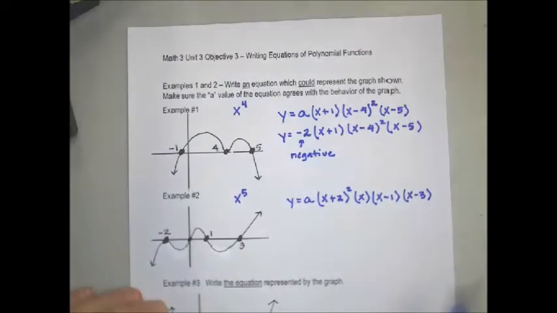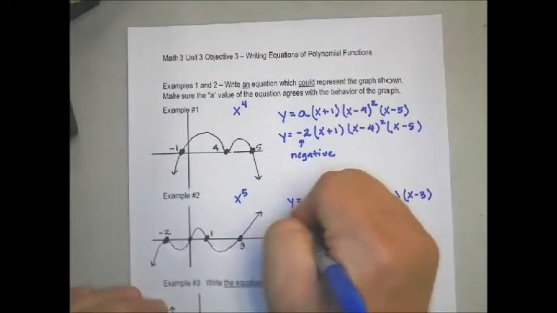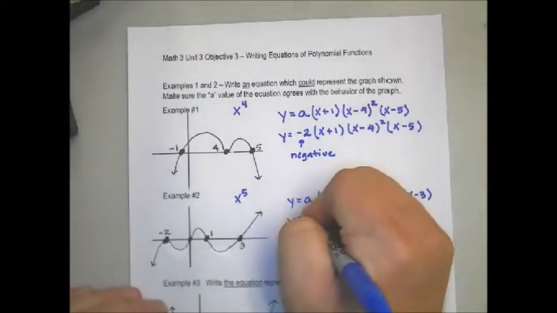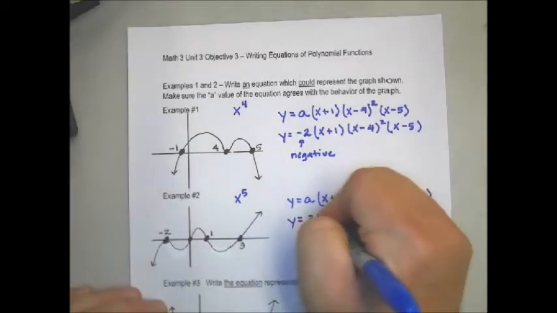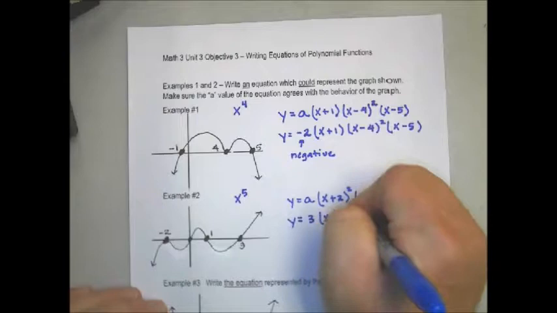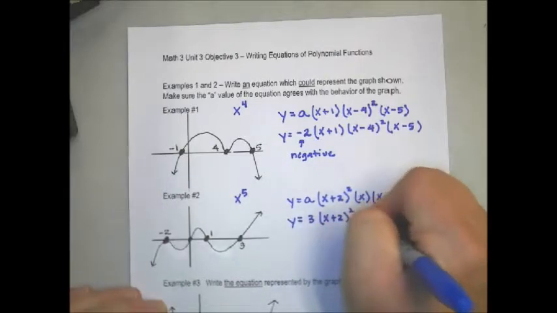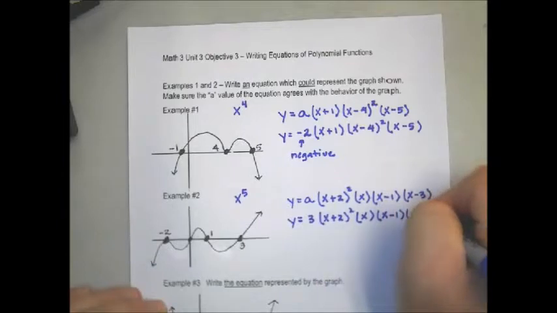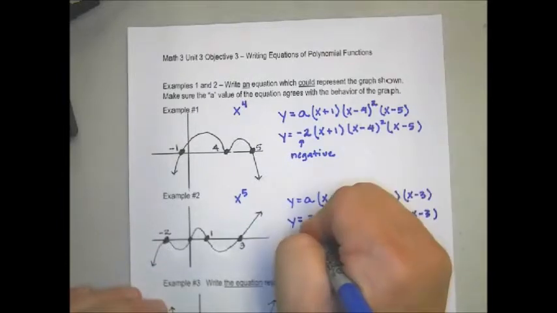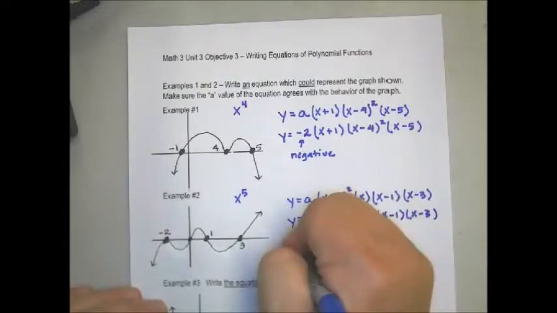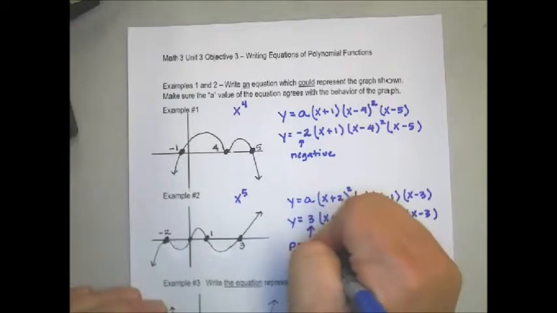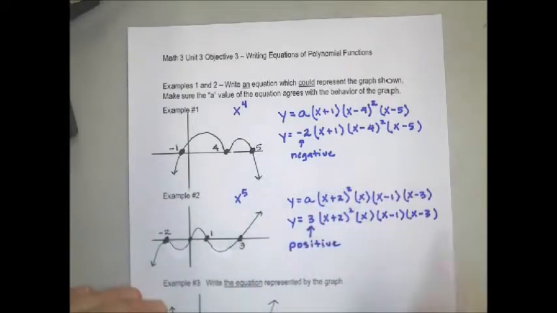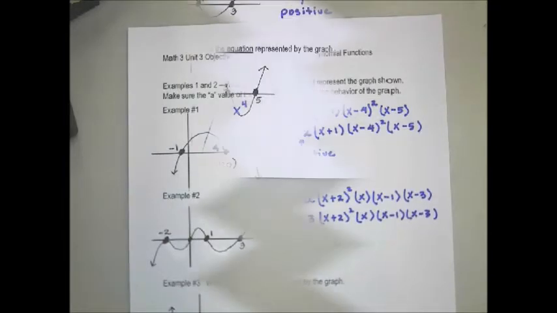So we just need to make sure that that's a positive number. Instead of using 2, I'll use 3 for some reason: 3x, plus 2 squared, times x minus 1, times x minus 3. And as long as that's a positive number, that could have been the equation of this graph.